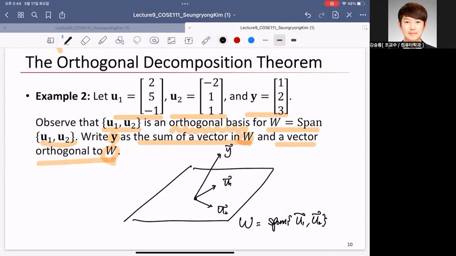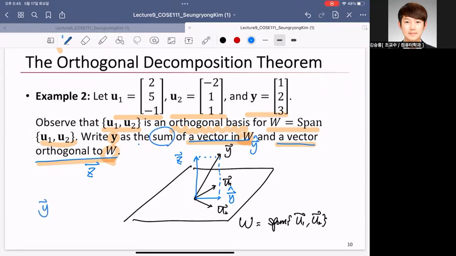So the question was, what is the orthogonal projection of y onto W, and what is the orthogonal complement component of y with respect to W. This is the question of finding y hat, and the vector orthogonal to W is called z.